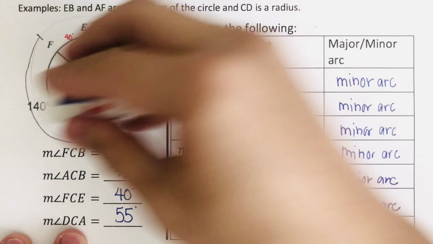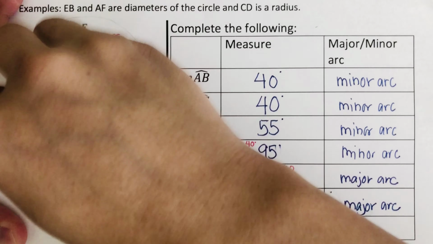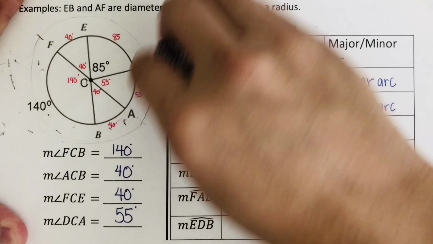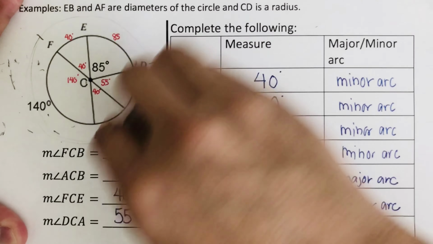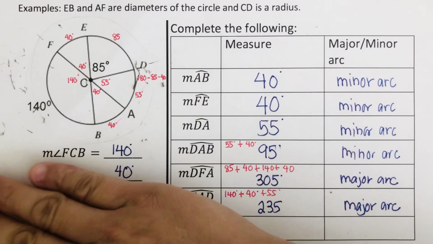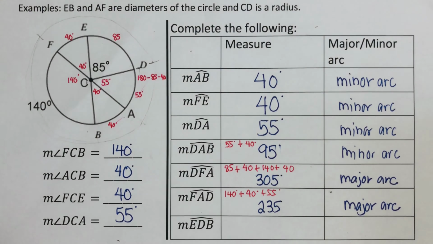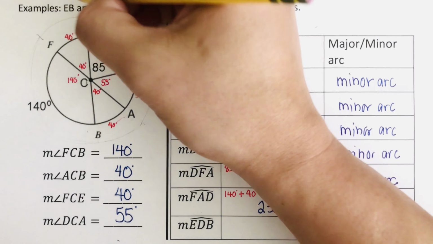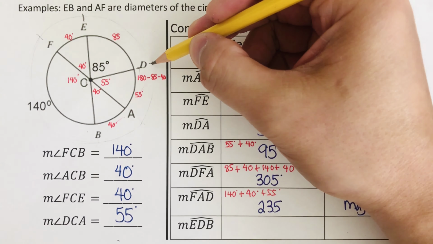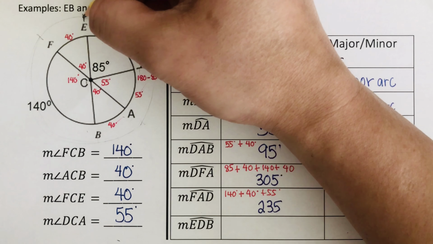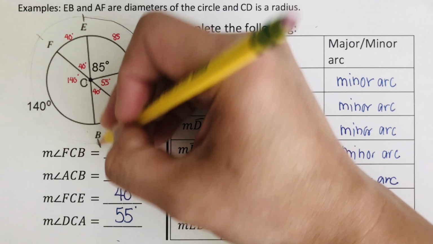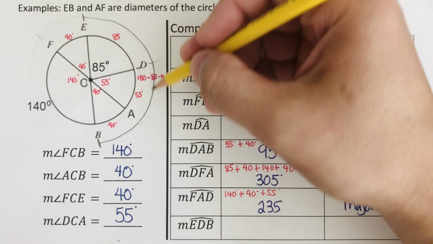Okay, and we have the last one. The last one is arc EDB. Let's see where that is and what numbers we're adding, the ones enclosed to get this arc. We start from E, which is right here, then we go to D, and then we go to B. So that is arc EDB.